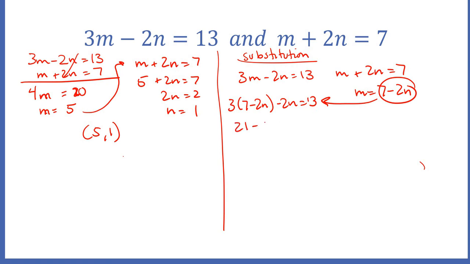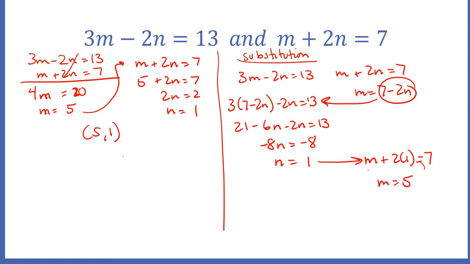So that's 21 minus 6n minus 2n equals 13. Negative 8n, if I subtract 21 from this side, I would get negative 8, and n equals 1. Substituting that back into the original, m plus 2 times 1 equals 7, m equals 5.